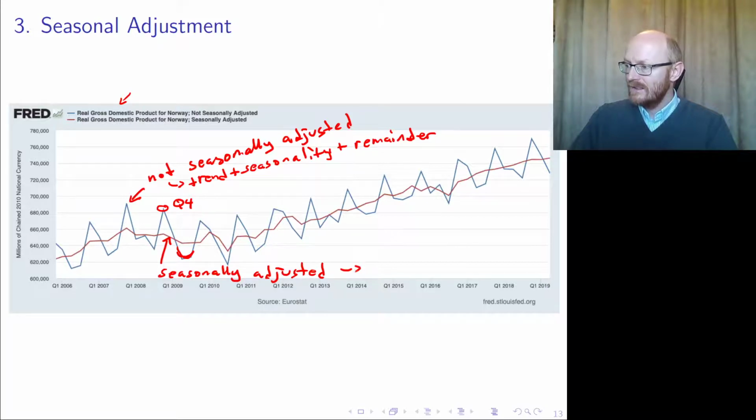And the seasonally adjusted graph or numbers contain the trend plus remainder.